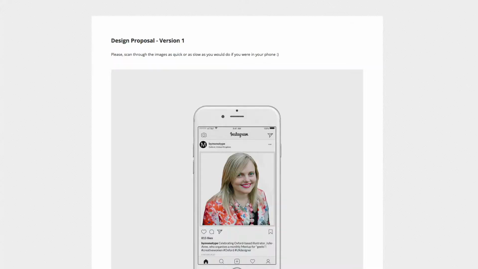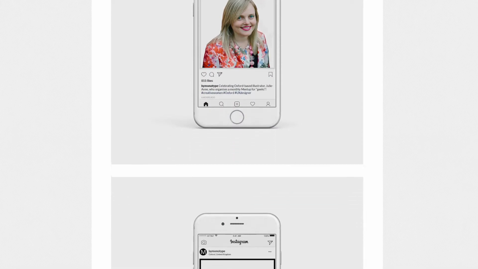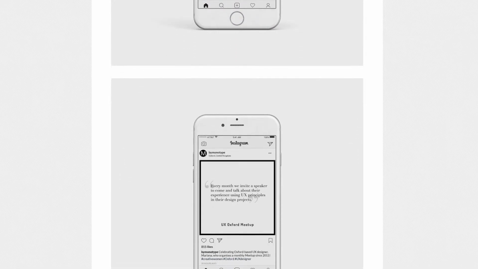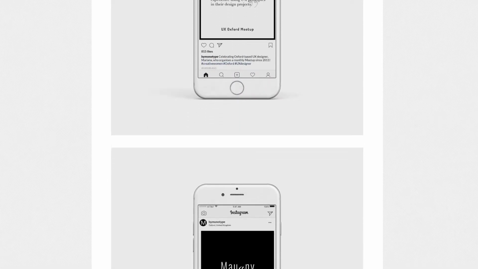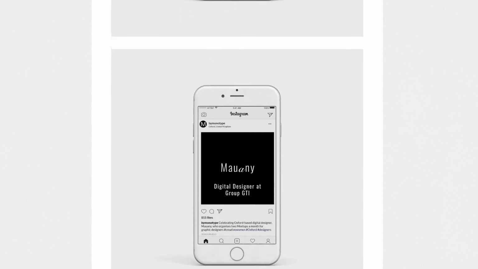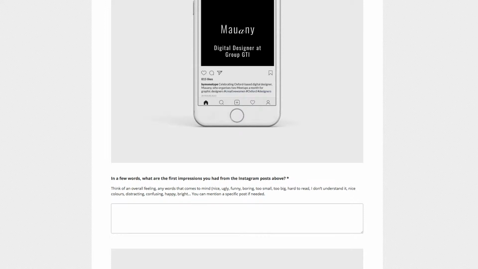The way I have organized the survey is that it has 3 pages. On each page, there is the same information, just different images, so I have shown 3 different versions of the Instagram feed. I show first 3 individual Instagram posts and then ask a question: in a few words, what are the first impressions you had from the Instagram posts above?